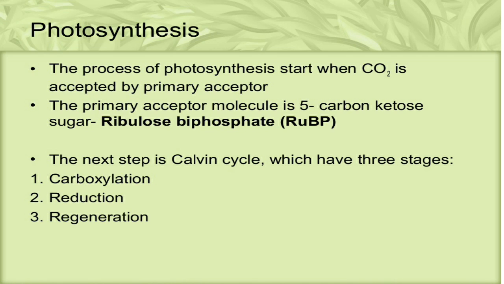This is the second phase of the photosynthesis, dark reaction, where the fixation of carbon dioxide takes place with the help of RUBP. The next step is the Calvin cycle, which has 3 stages: first is carboxylation, second reduction, and third is regeneration of RUBP.